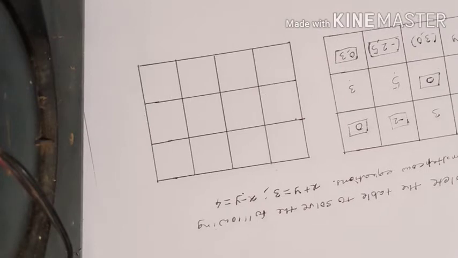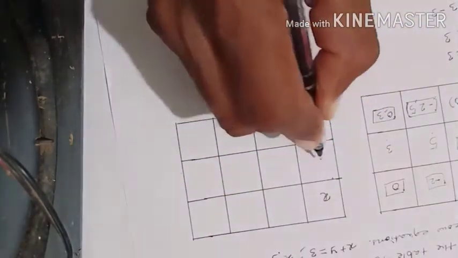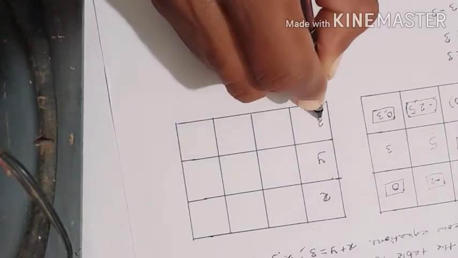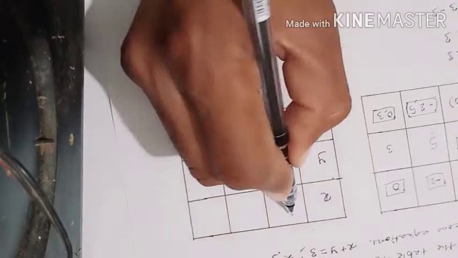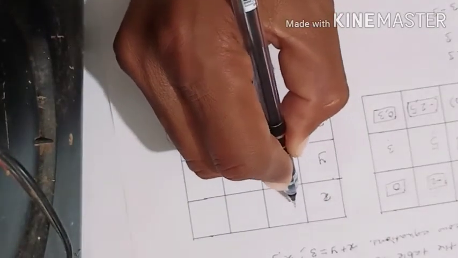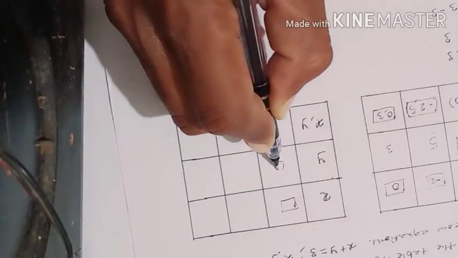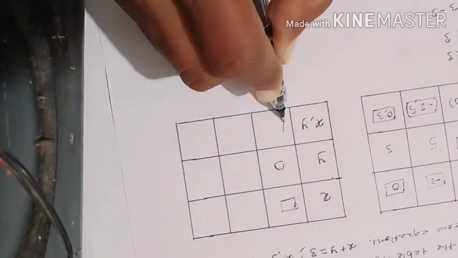Now, in the second table, we have to write the given things here. Here is x, here is y, and here x comma y. Now here is a box, the value of y is given to you, and here is a box.